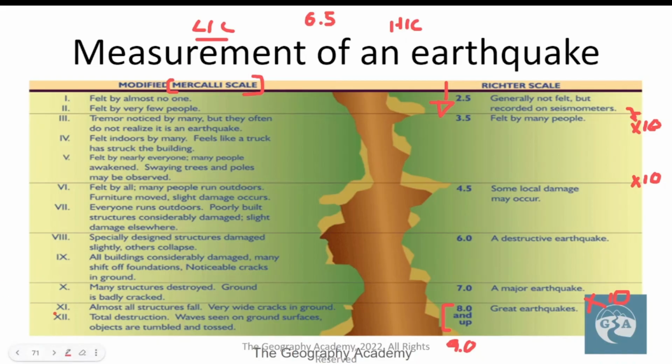So maybe the damage that is done is a 12 on the Mercalli scale, which is the highest. So let's put that in as a 12 on Mercalli scale. The HIC then is very well prepared, has lots of great architecture and things to protect it against seismic waves. So there is very little damage done and really no building collapse. So this might come in then as something like an 8 on the Mercalli scale. So this shows you the difference.